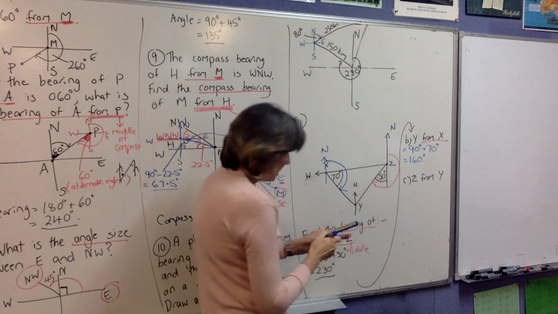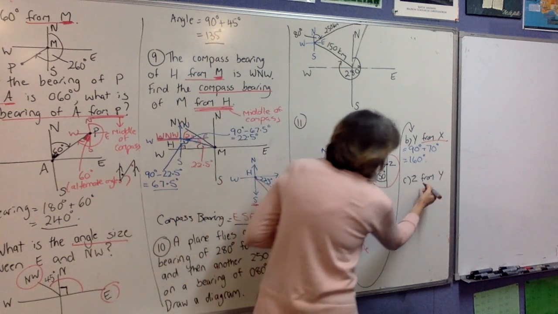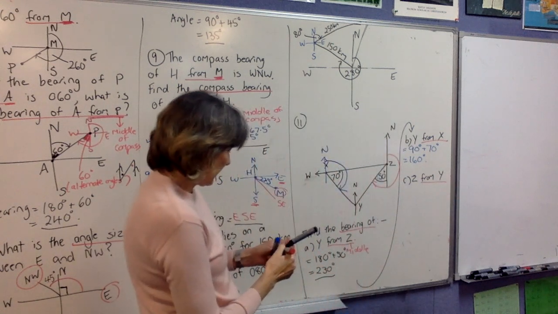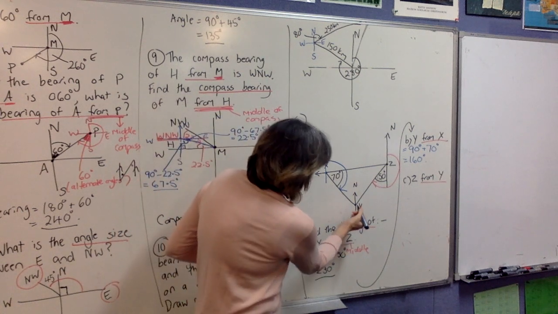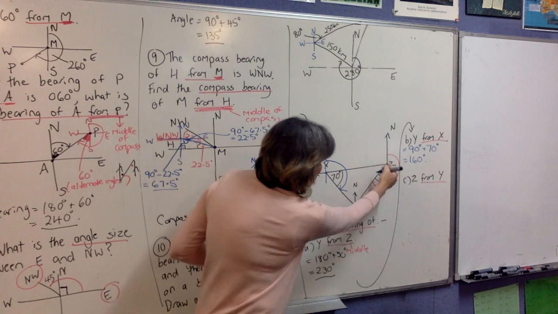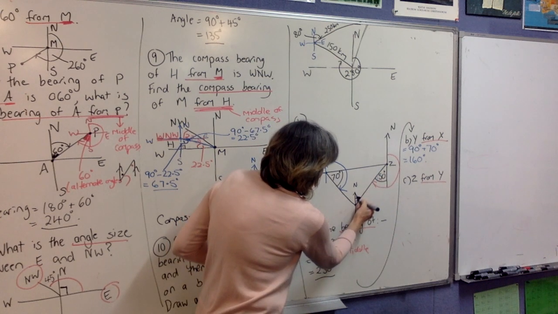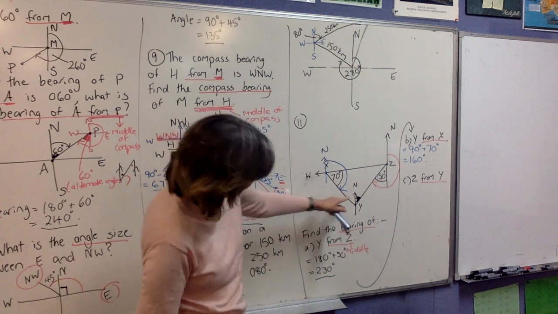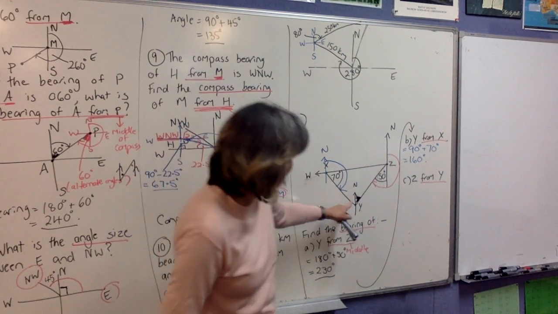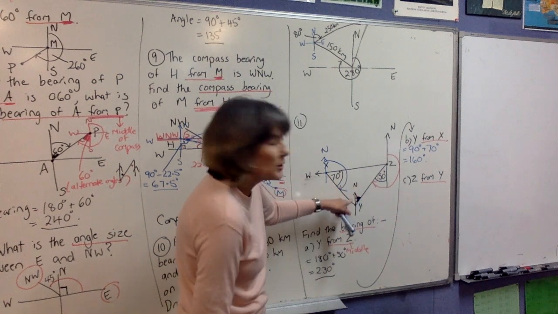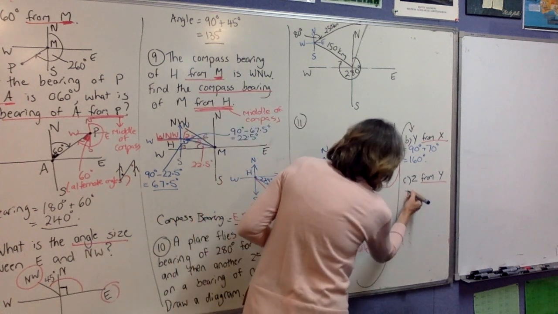Okay, and the next one is Z from Y. So Y has to be in the middle of the compass. Do this with the black pen. Y has to be in the middle, and we're going to Z, which is that one. So we just want that bearing there. Now if you look, we've got alternate angles here. So with alternate angles, that's just going to be 50 degrees.